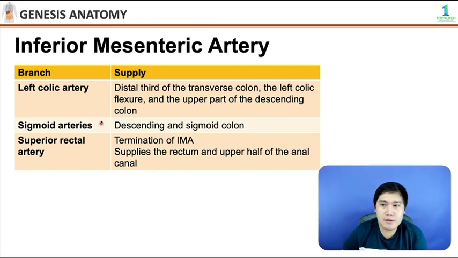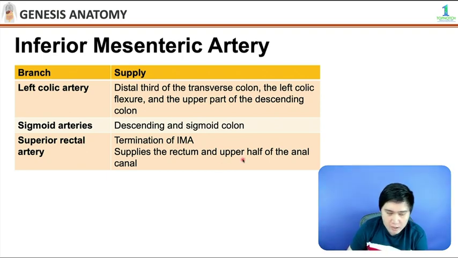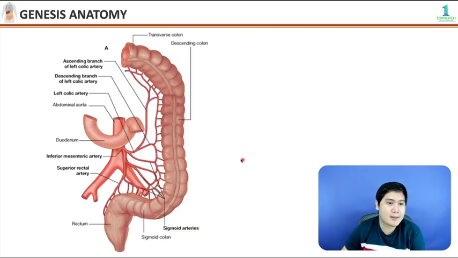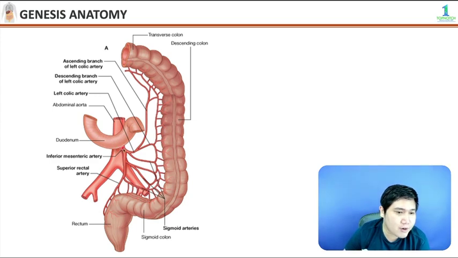Lastly, your inferior mesenteric artery has 3 branches. Your left colic supplies the distal third of the transverse colon and the descending colon. Your sigmoid artery will supply the descending and sigmoid colon, and the superior rectal artery will supply the rectum and upper half of the anal canal. So this is your inferior mesenteric.